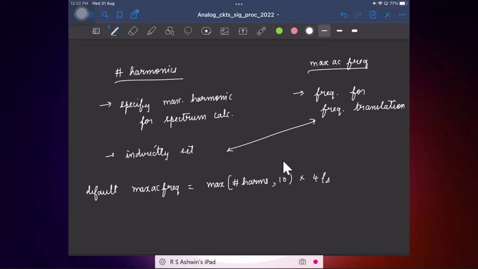For example, let us say you set the number of harmonics to 0, because say you are not interested in finding the spectrum of the steady state waveforms and only interested in the harmonic transfer functions. So if you set this to 0, by default, what is the value of max AC frequency? 40 fs. So you can find all the harmonic transfer functions and all the frequency translation till 40 fs by default.